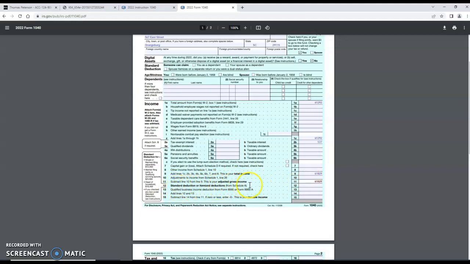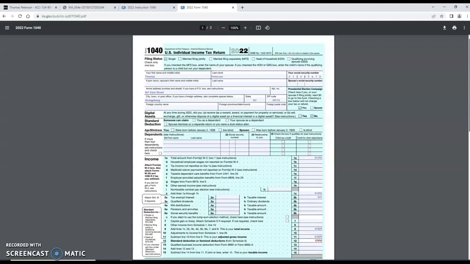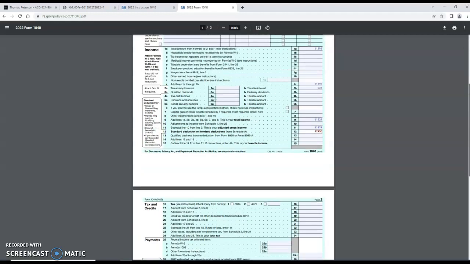Line 12 is the standard deduction. And we talked in the PowerPoint about the standard deduction, and that standard deduction for an individual is $12,950 for a single. Remember that he filed as a single filing status, so the standard deduction that goes with that is the $12,950.